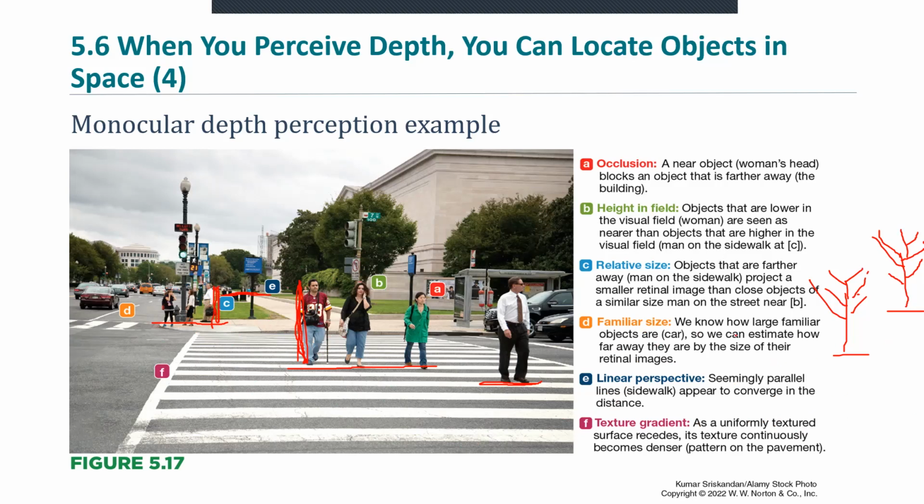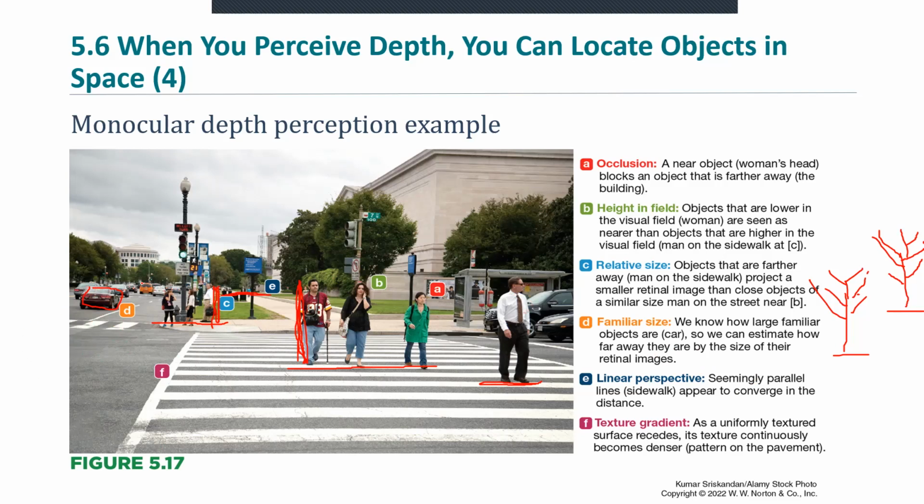We have familiar size. We know how large familiar objects are, such as a car, so we can estimate how far away they are by the size of the retinal images. They're mentioning this car beside D back here. We know how big a car is, so when it makes a certain size image on our retina, it gives us a clue as to how far away it is.